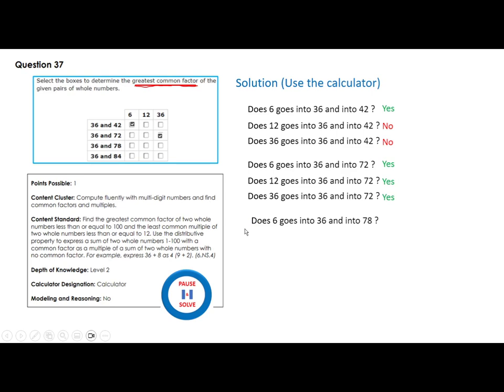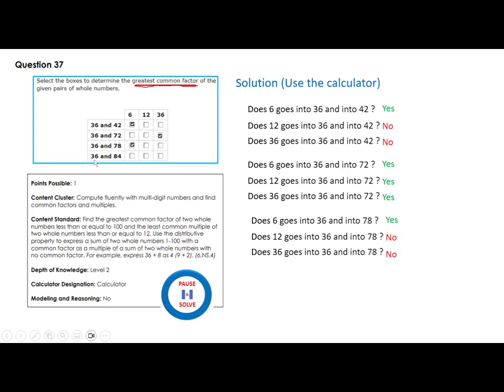Does 6 go into 36 and 78? Yes. Does 12 go into 36 and 78? No. 12 goes into 36 but doesn't go into 78. Does 36 go into 36 and 78? No. So the answer is 6.